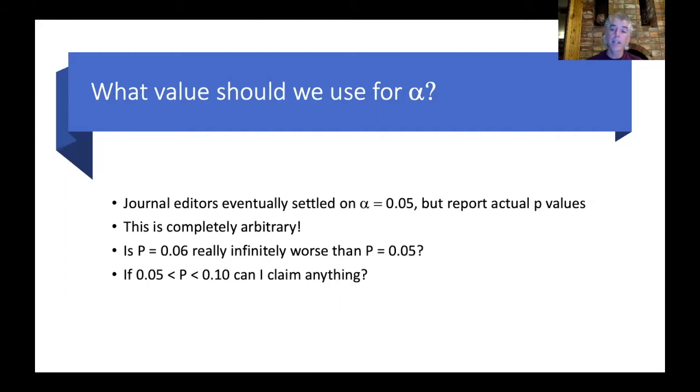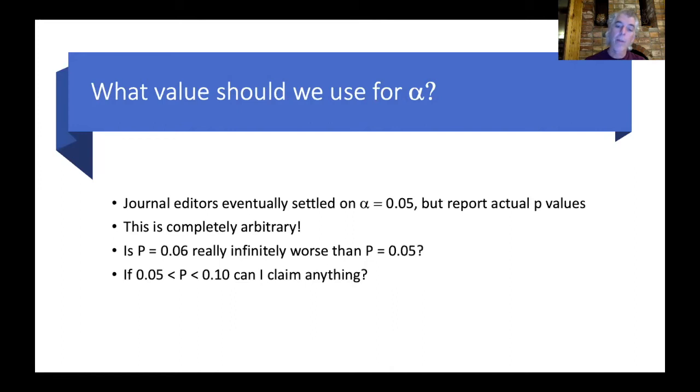We really need to give some thought to whether or not we think that 0.06 is really all that different from 0.05 or 0.04. And if we get a p-value in this marginal range, falling in the category of 0.05 to 0.1, where we have some evidence against the null, but not substantial evidence against the null, then we need to give some thought to what are reasonable claims in this scenario.